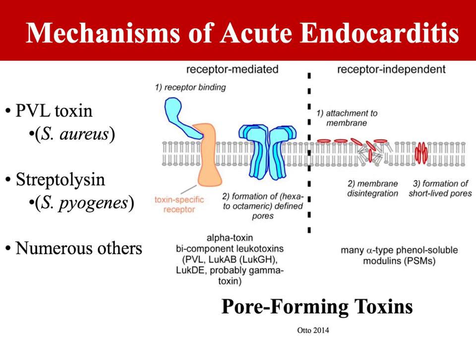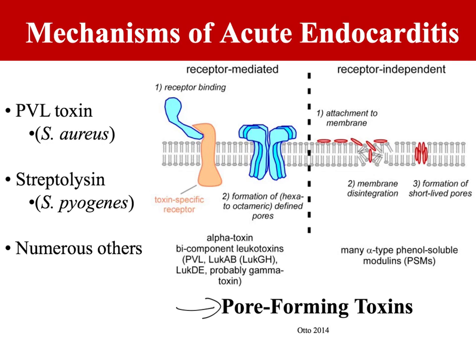There are a whole bunch of others, but the thing I want you to be familiar with is how they work. Despite differences in shape, and despite differences in how specifically the toxin attaches to the host cell, there's one key feature that they all have in common: they are pore-forming toxins.